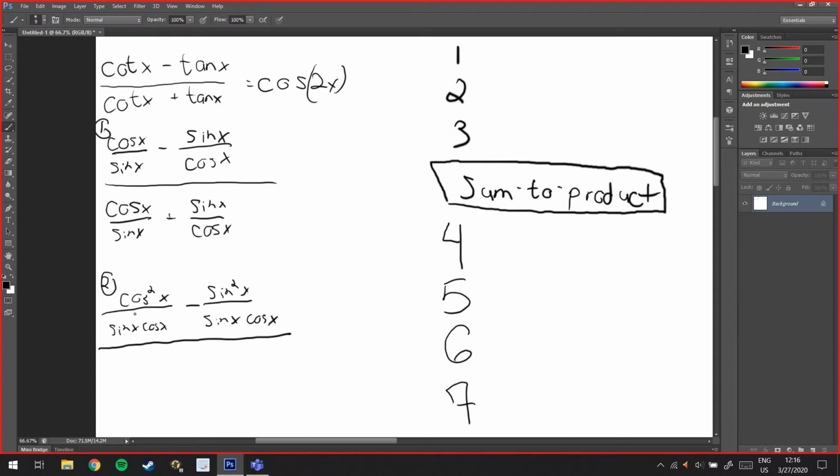Then I do the same with the denominator. So it's going to become cosine squared x over sine x cosine x plus sine squared x over sine x cosine x. Any questions so far?